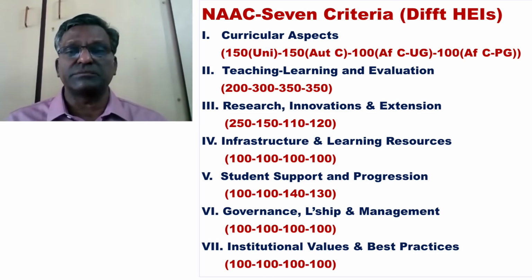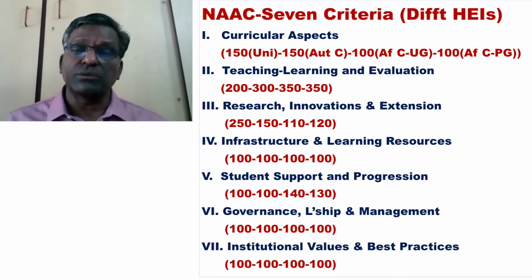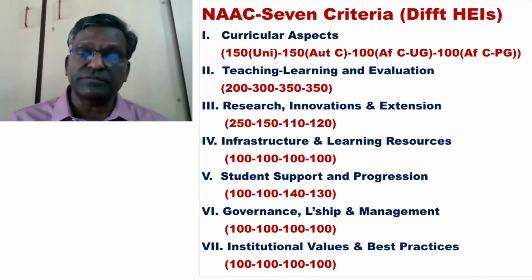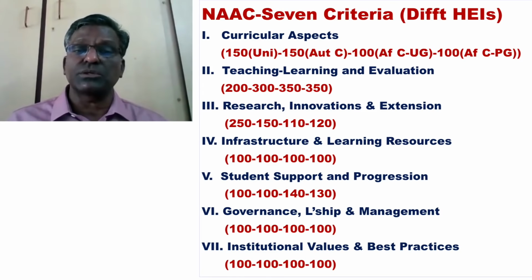The answer is very simple. Universities can frame their own curriculum. Similarly, autonomous colleges also can frame their own curriculum. So the weightage for curricular aspects with reference to universities and autonomous colleges is higher than affiliated and constituent colleges, because affiliated and constituent colleges have no say in the design of curriculum.